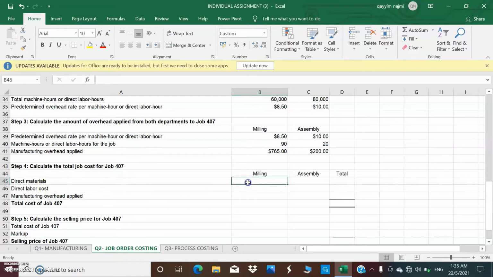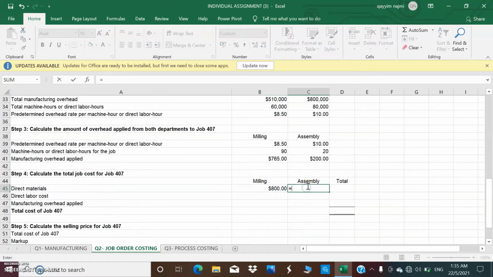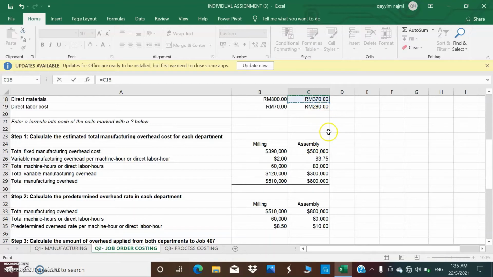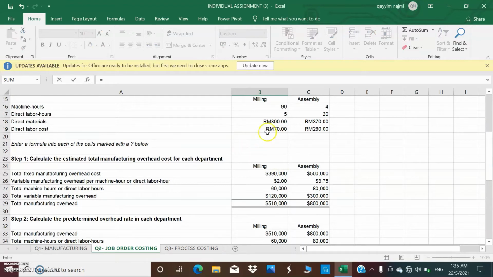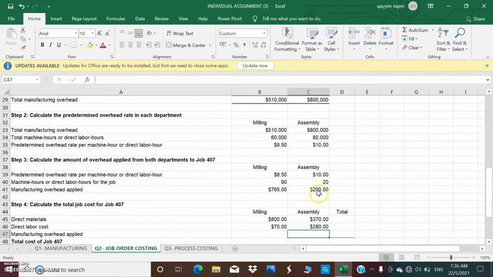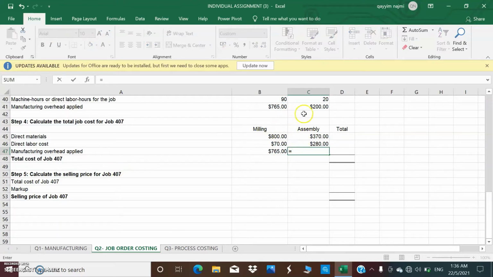The direct material is 800 for milling and 370 ringgit for assembly. The direct labor cost is 70 ringgit for milling and 280 ringgit for assembly. The manufacturing overhead applied is the value from above, 200 ringgit for assembly. Okay, we can total.